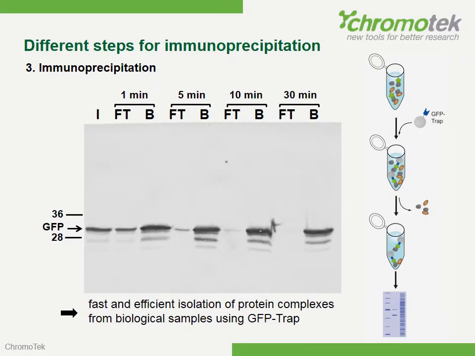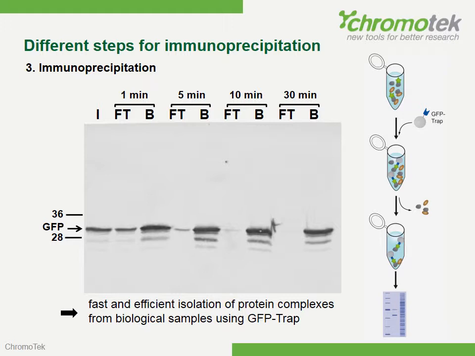In the following experiment, GFP was immunoprecipitated from cell lysates using the GFP-Trap. Pull-down efficiency was checked after 1 minute, 5 minutes, 10 minutes, and 30 minutes by Western blot. You see that after 10 minutes, only a minor band is visible in the flow-through lane, and most GFP was already precipitated from the extract.